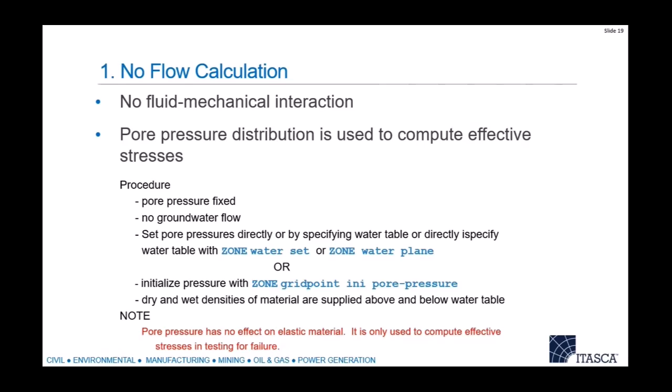You can also use, and this is very common, an imported geometry set you create, a geometric description of what that water table is. It will automatically look at that surface, calculate pore pressures below it, and set everything to 0 above it. Or you can just initialize the pore pressure. A lot of times you've got a simple linear field and you can just initialize it with a gradient through gravity yourself.